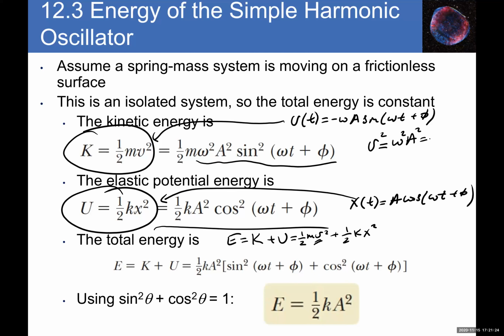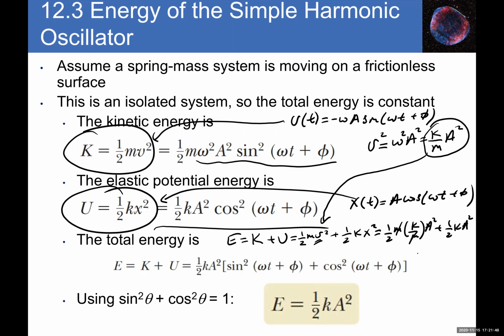Remember, omega squared is k over m times A squared. That means if I take v squared and replace it with k over m A squared, then this becomes 1 half m times k over m A squared, then plus 1 half k A squared. You can see, right, the m's cancel out, and you have basically 2 times 1 half k A squared.